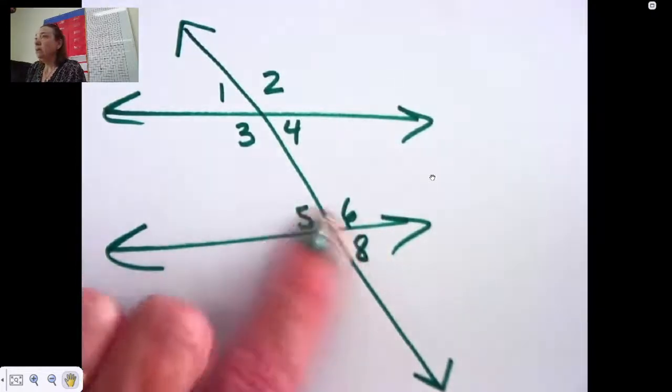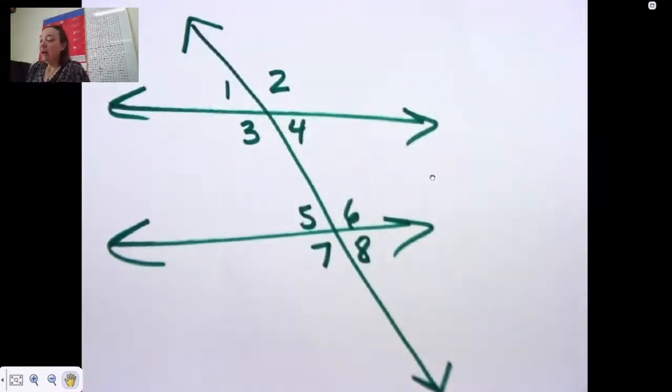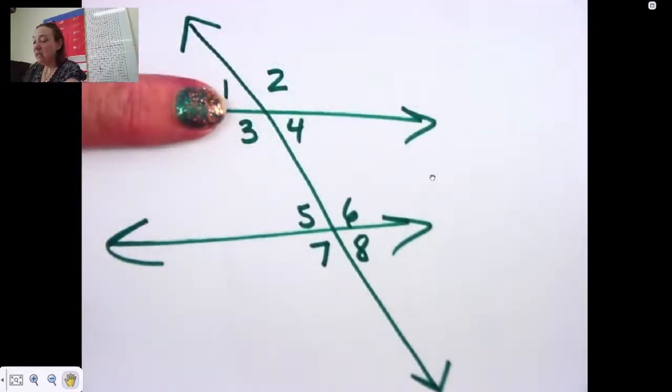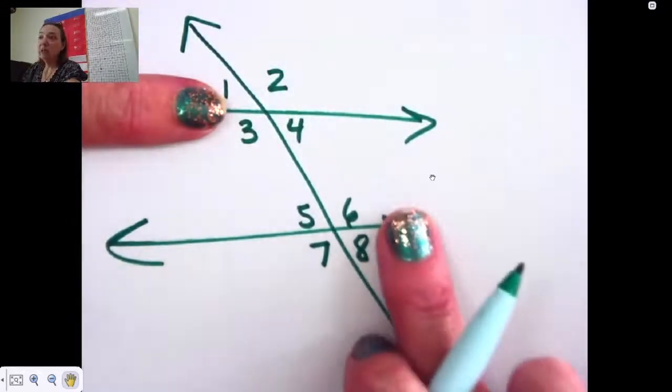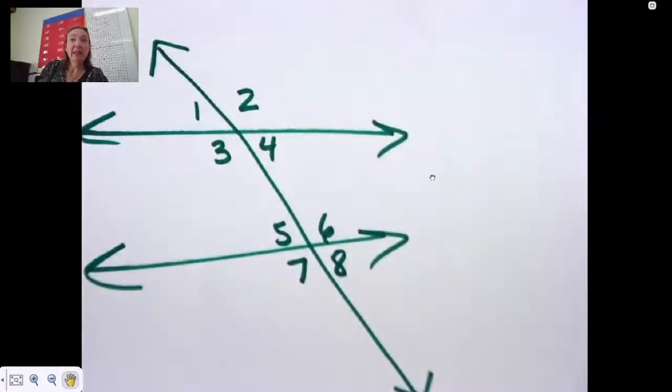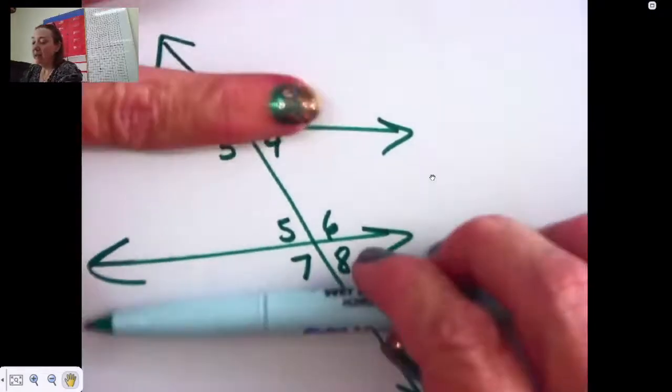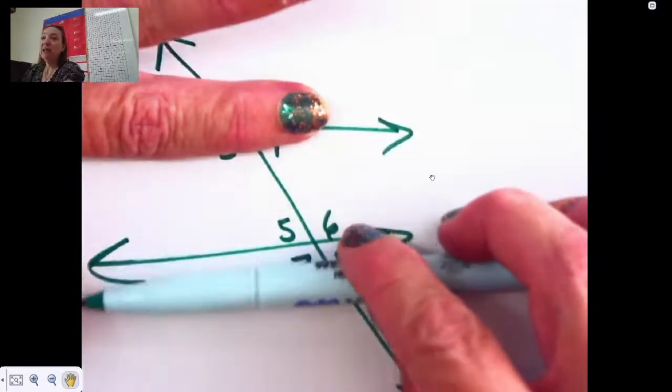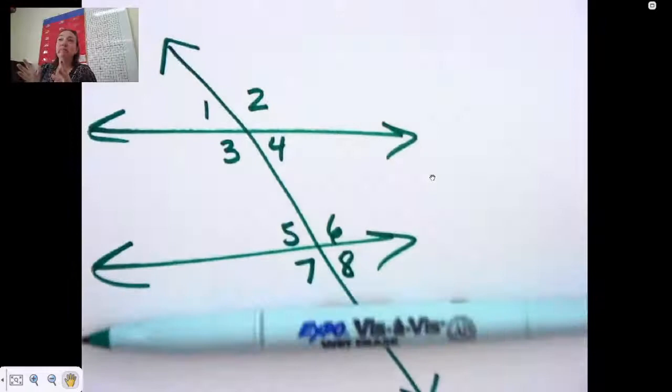Y'all with me? Okay. Now, however, what we're going to be talking about is the relationship between these angles and these angles. Now, for today, that's not going to be a numerical relationship. That's just going to be a where they're at sort of relationship. I want you to think of these two lines as creating a boundary.